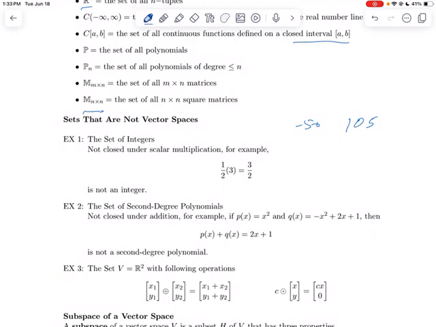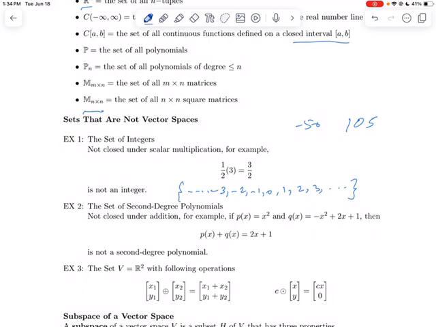And you may pick any two vectors in the set of integers. Remember, the set of integers goes negative infinity, negative 3, negative 2, negative 1, 0, 1, 2, 3, and so on. So not the rational numbers, not any decimal number, not any square root, just the whole numbers and the negative whole numbers as well.